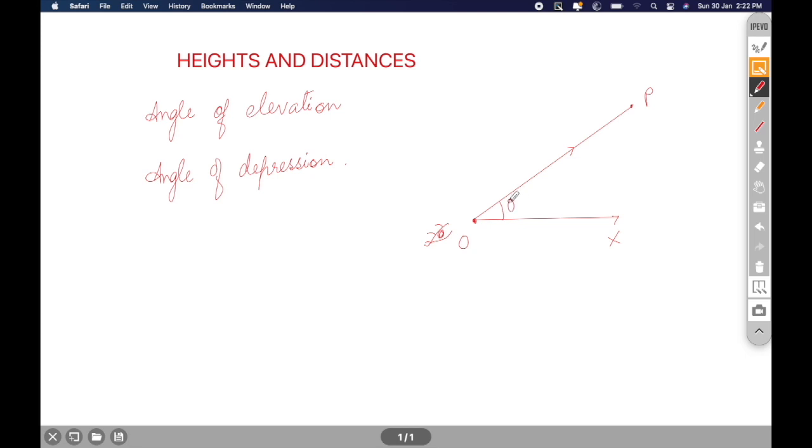This angle theta will be termed as the angle of elevation.